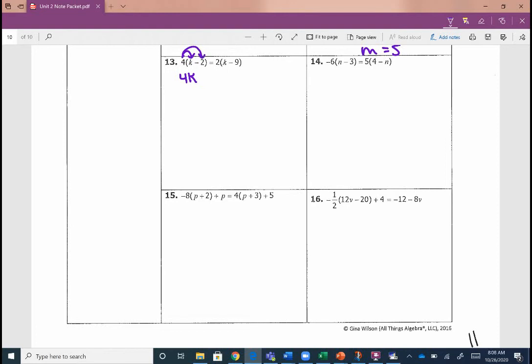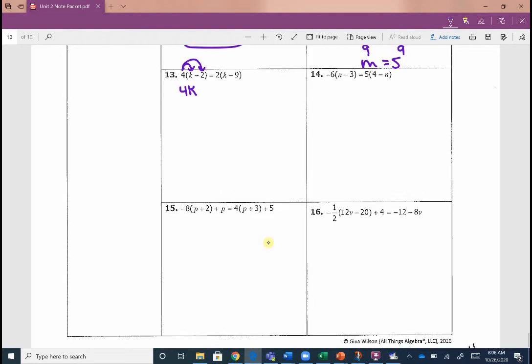And then I have to take 4 times -2. So we have a -8. Take a look on your paper for number 13. You should have written down at this point 4k and a -8. So that takes care of our left side.